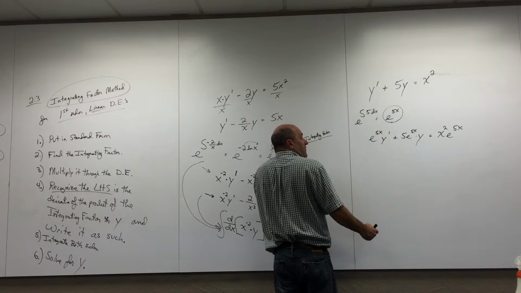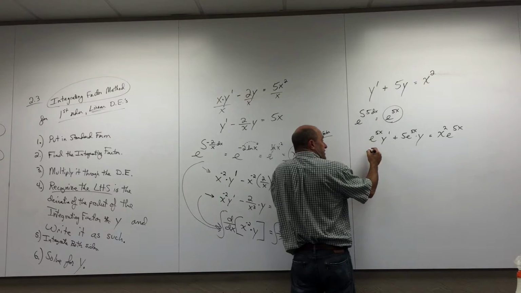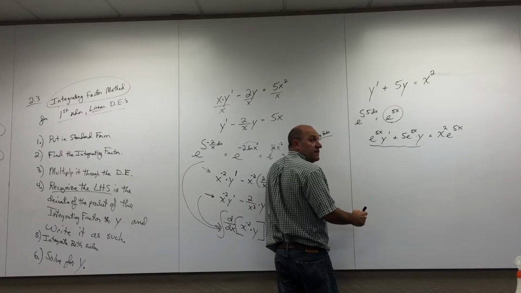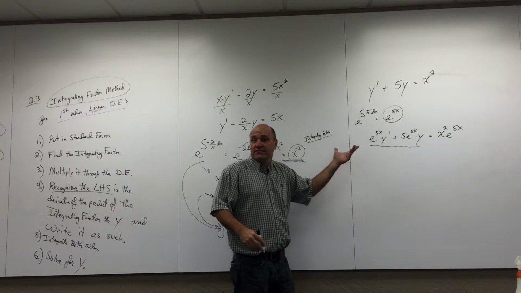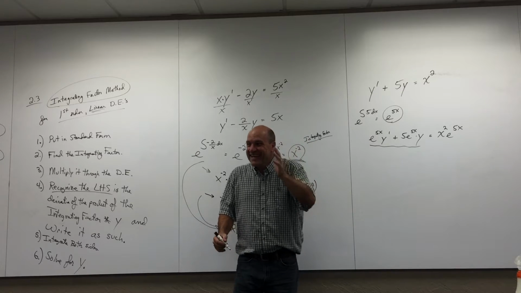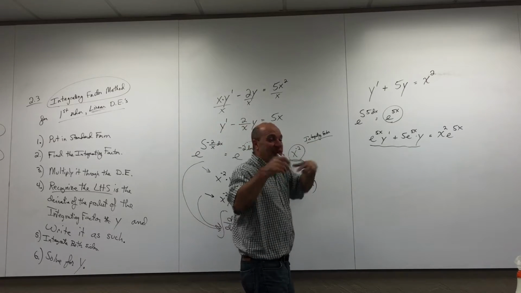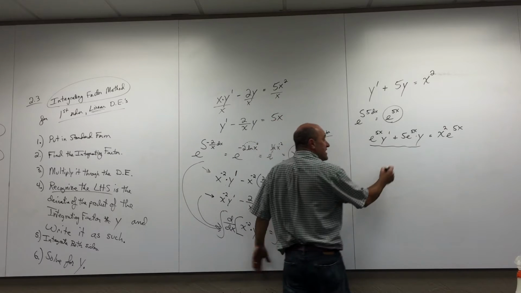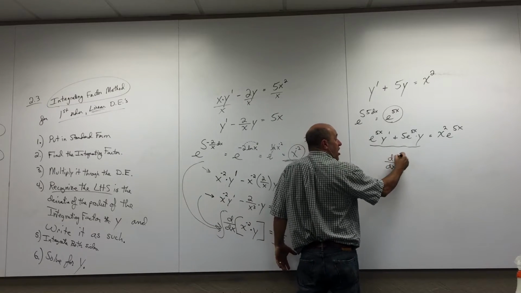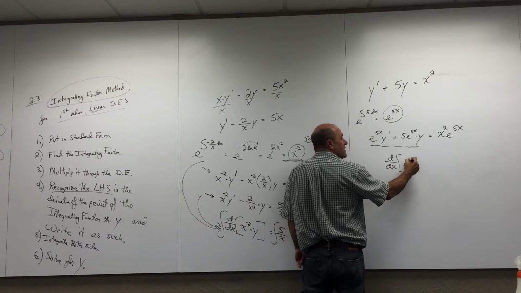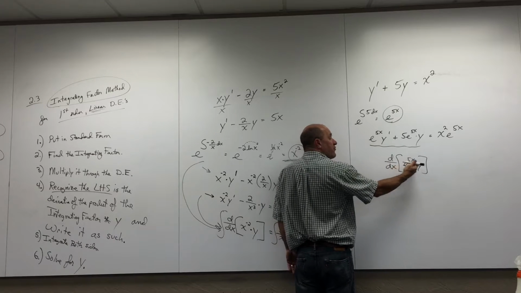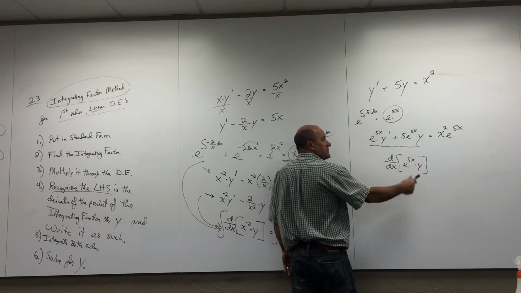The next step's a little funny. You don't really do anything except recognize that the left side, which you don't even have to recognize because it's guaranteed, is the derivative of the product of the integrating factor times y. So you write it as the derivative of the integrating factor times y.